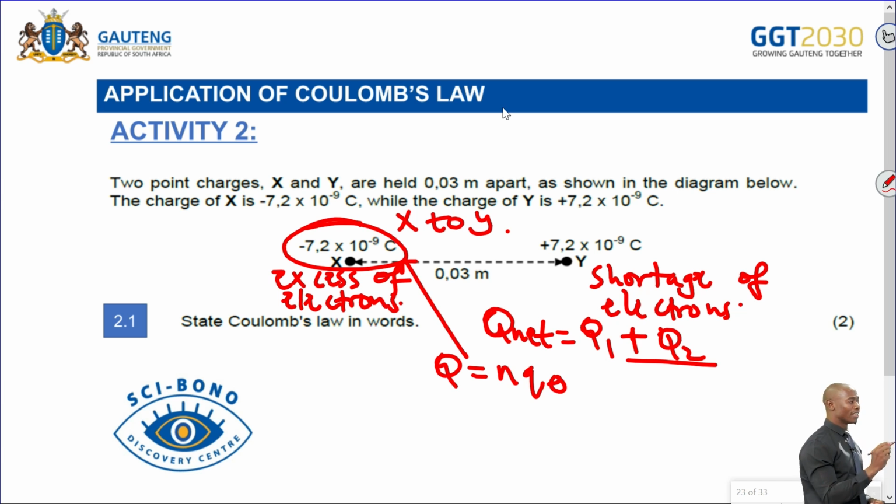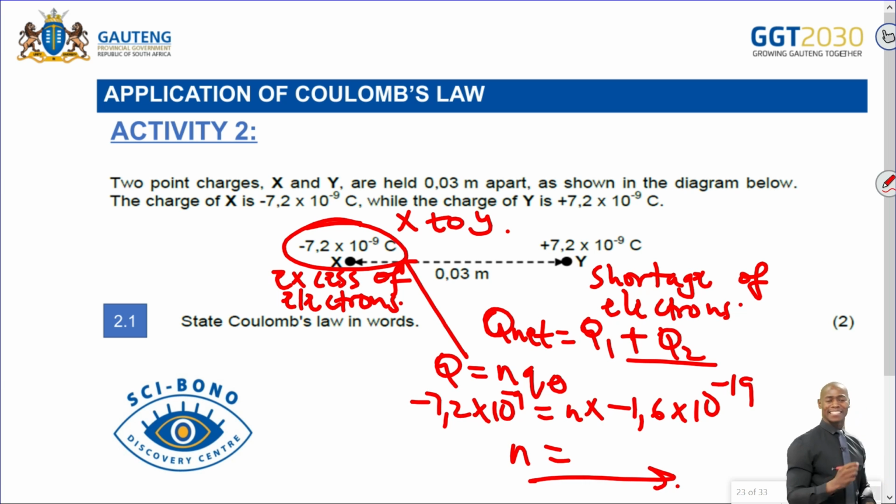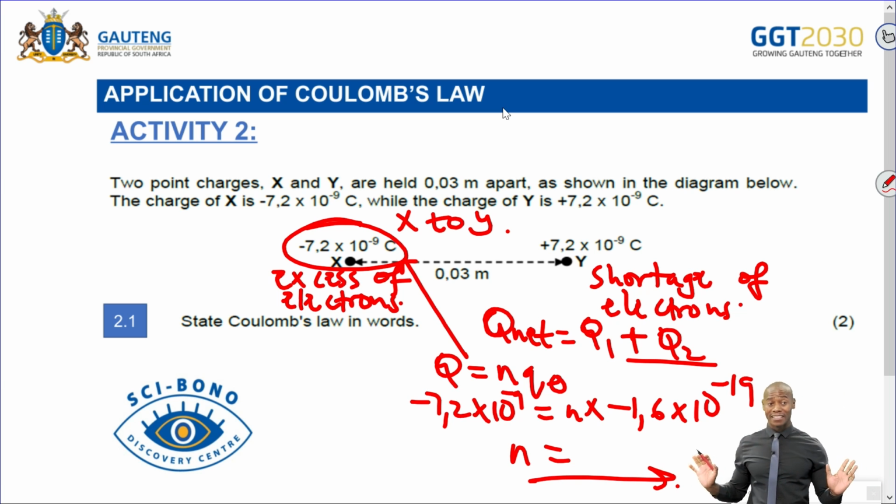So Q in this case is negative 7.2 times 10 to the power negative 9. Then we're looking for the number of excess electrons, n, times Qe, which is negative 1.6 times 10 to the power negative 19. Then you'll get the number of electrons in excess. That is grade 10. It has nothing to do with Coulomb's law.